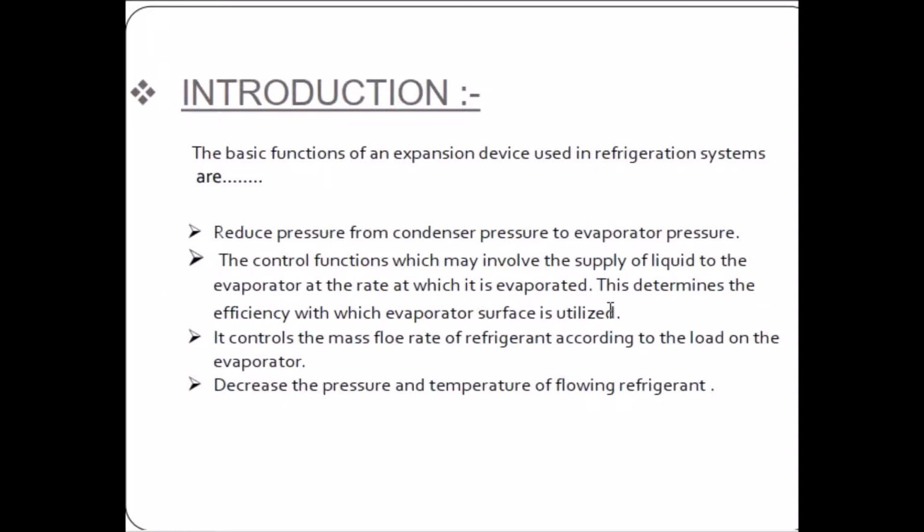It controls the mass flow rate of refrigerant according to the load on the evaporator. We can control the mass flow, and then decrease the pressure and temperature of the flowing refrigerant. Okay, we proceed to the next slide.